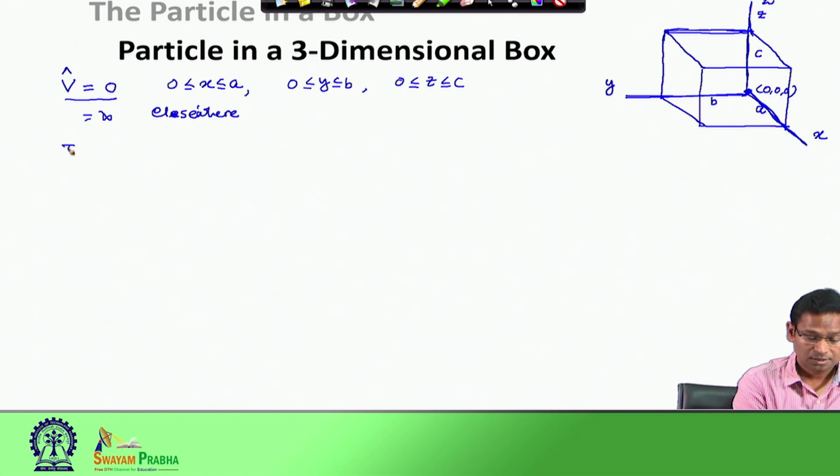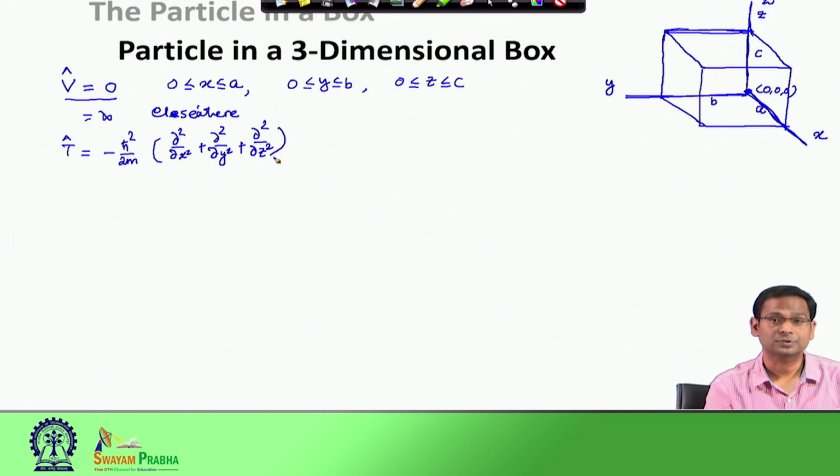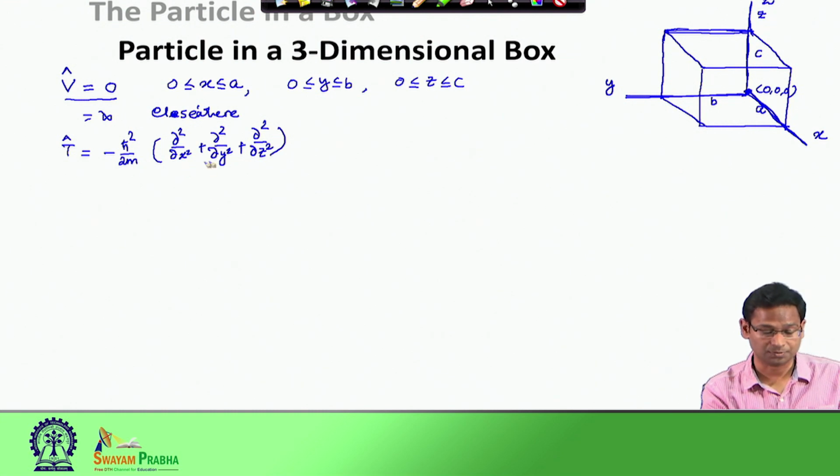What about the kinetic energy operator? The kinetic energy operator we have already seen, h bar square by 2 m. If you see, the kinetic energy operator is now expressed in terms of the second derivative with respect to x, y, and z.